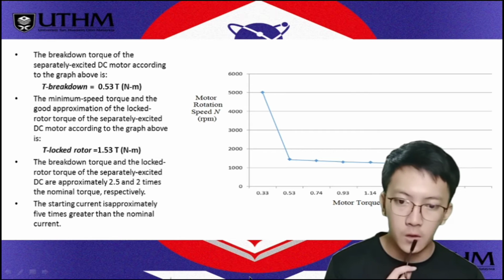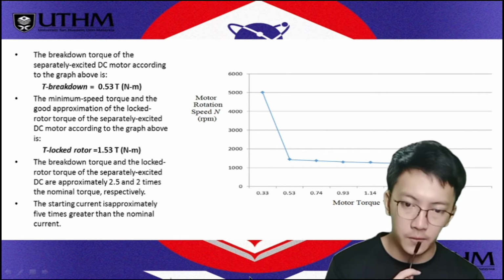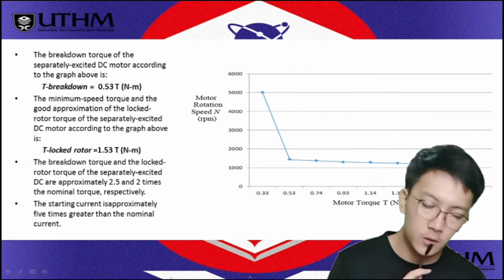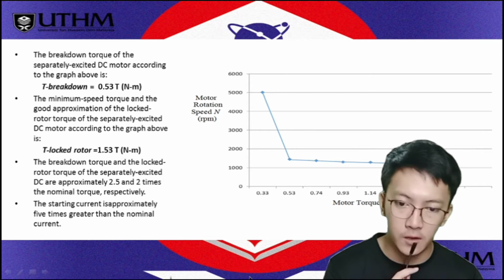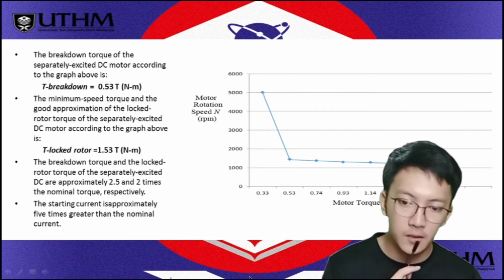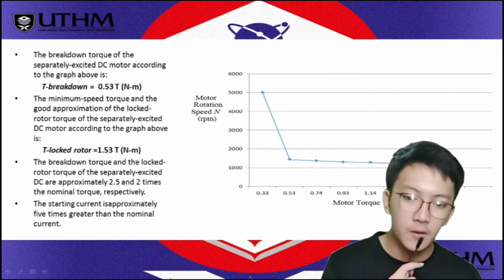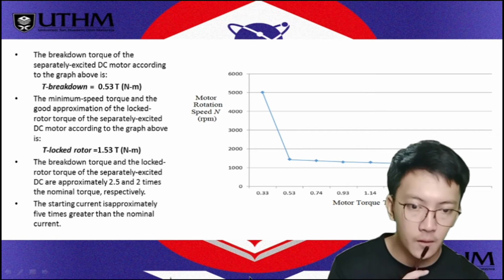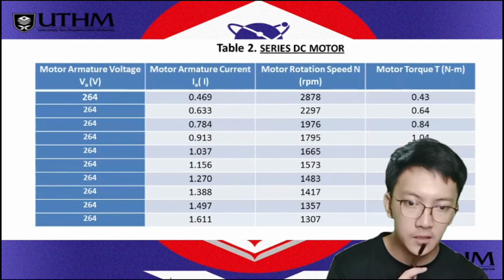The breakdown torque and the locked rotor torque of the separately excited DC motor are approximately 2.5 and 2 times the nominal torque respectively. Lastly, the starting current is approximately 5 times greater than the nominal current.